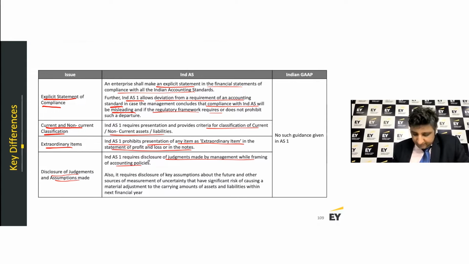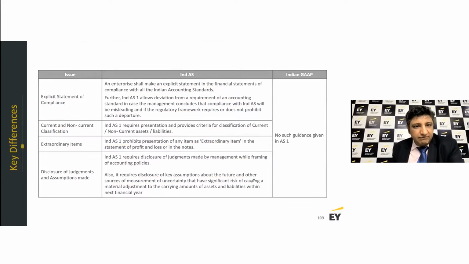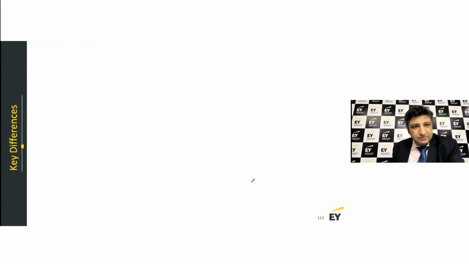It more specifically requires disclosure of key assumptions and the sources of measurement uncertainty causing significant risks, or the risk of causing material adjustment. If it is significant, then that also needs to be disclosed, which was not very clearly identified under the AS 1 perspective.